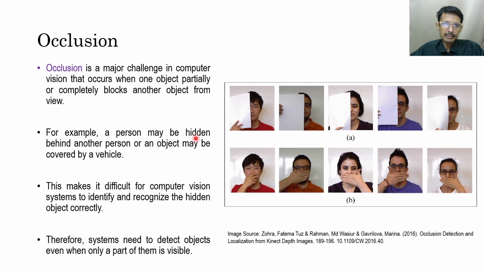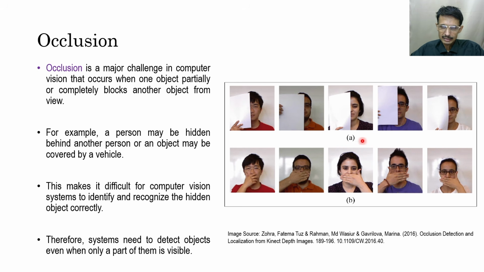Here, a person may be hidden behind another person, or an object may be covered by a vehicle.